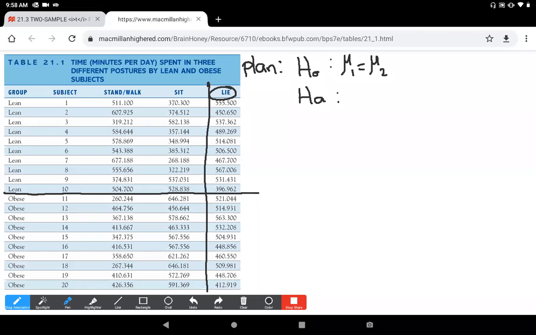Versus the alternative hypothesis that there is a difference. And we got that from when we stated the problem, which the question itself just asked us, does the average time differ?